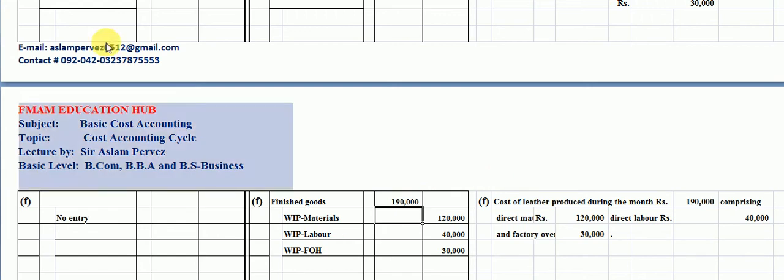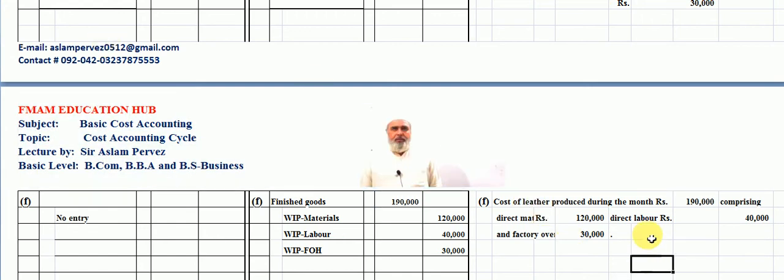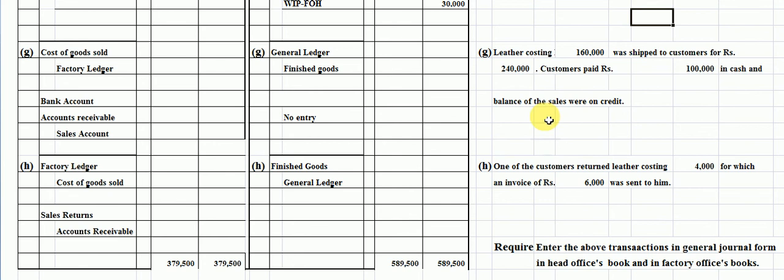Now, leather costing 1,60,000 rupees was shipped to a customer for 2,40,000 rupees. A part of finished goods which is ready to sell costs 1,60,000 rupees. The entry is passed in the head office in this manner.